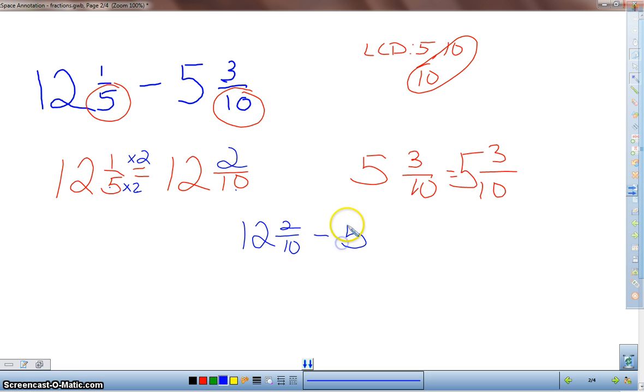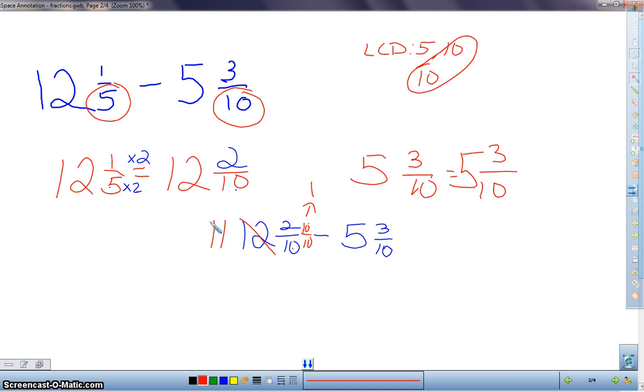minus 5 and 3/10. Now we run into another problem. When I go to do 2/10 minus 3/10, you're not allowed. Okay, so once again, thinking back to what we did last semester, we have to borrow. So the 12 becomes an 11. And then I'm borrowing 1 from this, and 1 would be 10/10, because I know 10 over 10 is the same as 1, and I've taken 1 away.